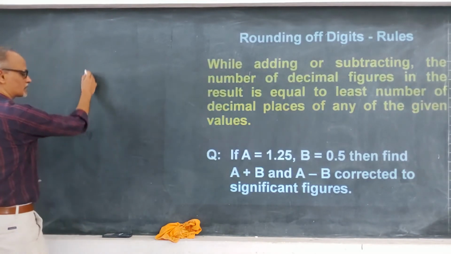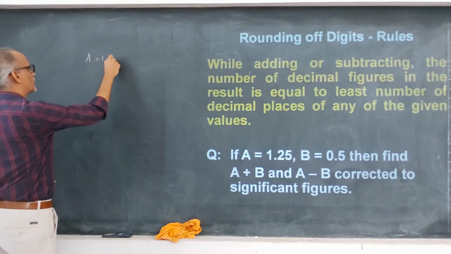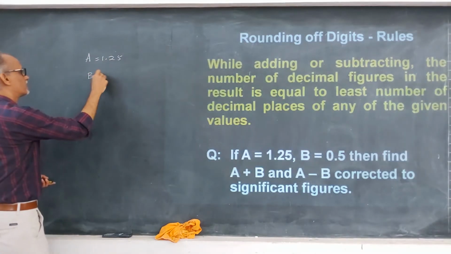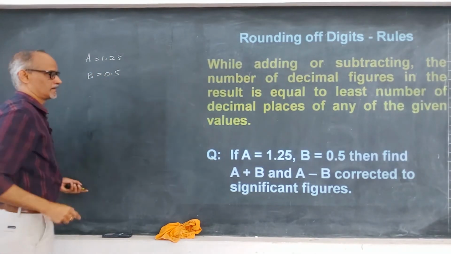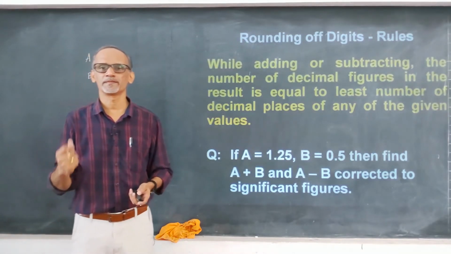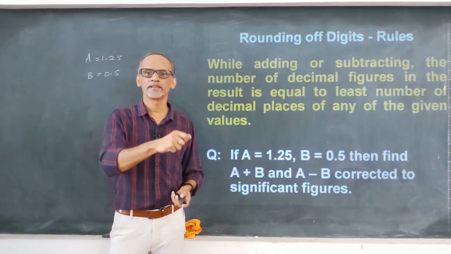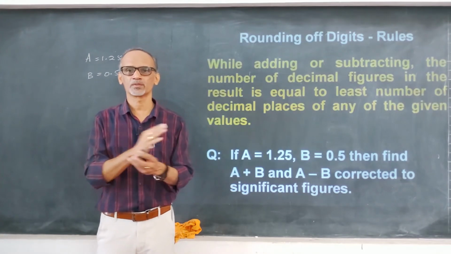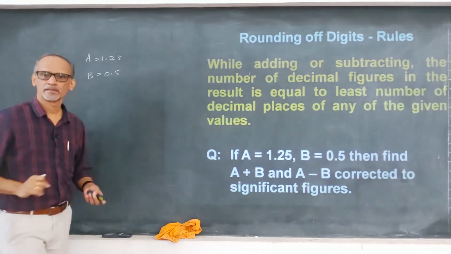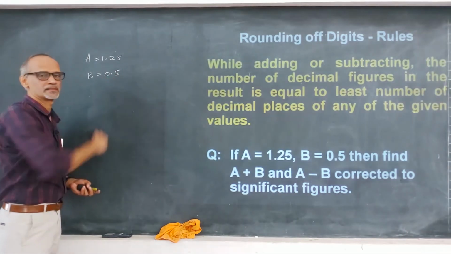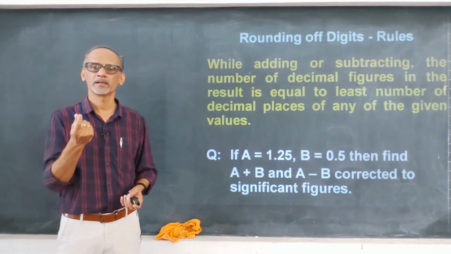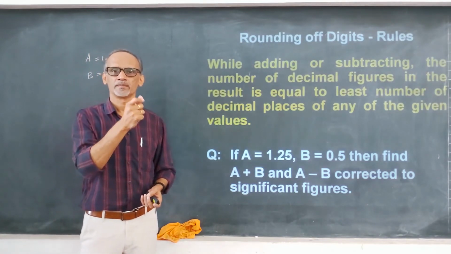Okay, so again the question is A is 1.25, B is 0.5. Student, here remember you have to focus on the number of decimal figures, not the total number of significant figures. So, for example, in this the number of significant figures is 3, but that is not required here because we have to compare the decimal places.